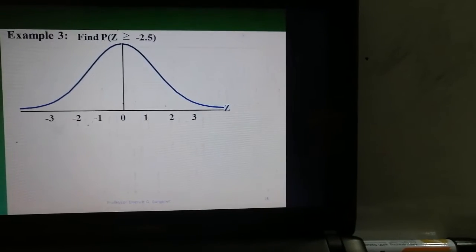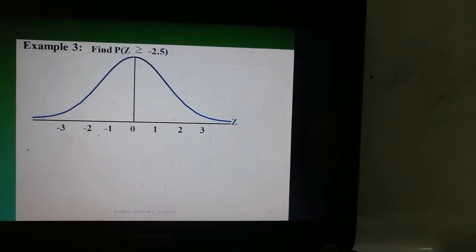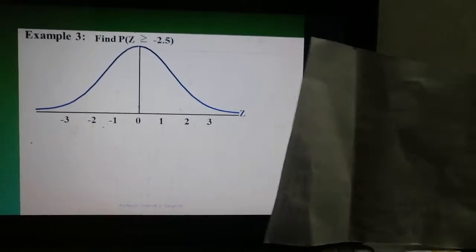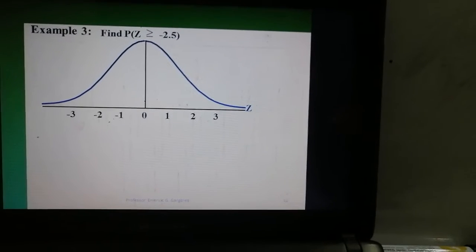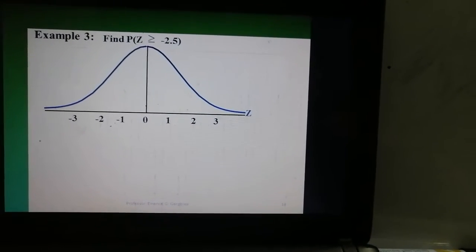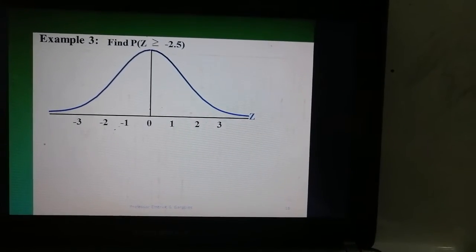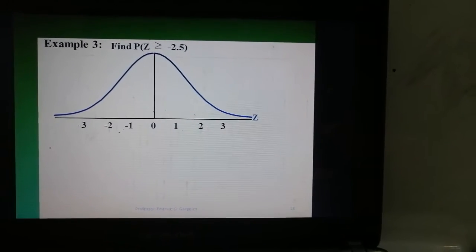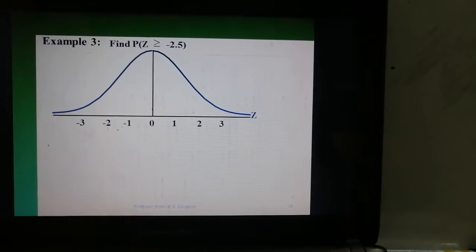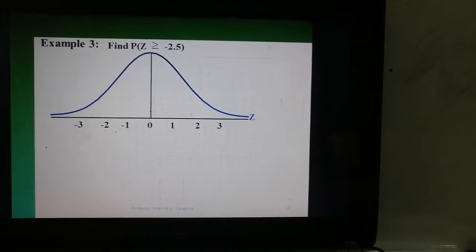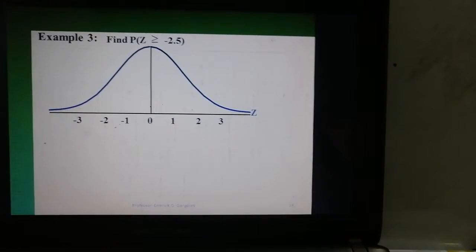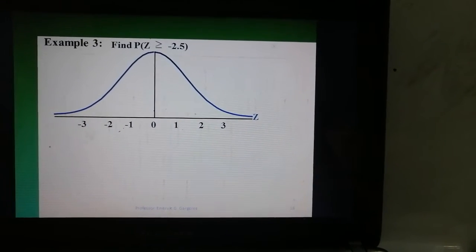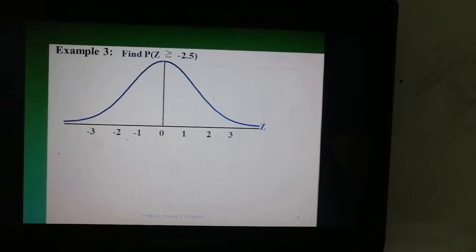So this is another example. Find the probability that z is more than or equal to negative 2.5. In sketching the graph, what will be shaded? First, where do we find negative 2.5? Lower or upper distribution?